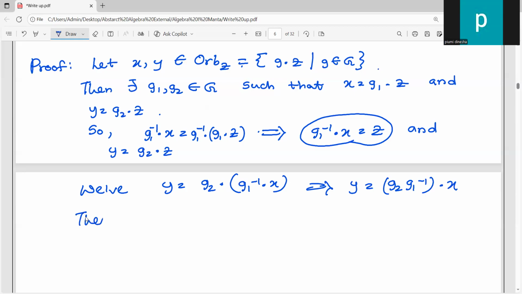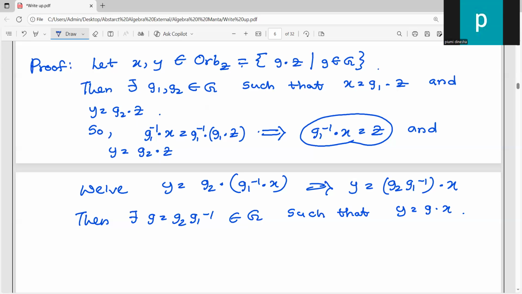So then what do we have over here? G2 times G1 inverse is an element in G, because G1, G2 are both elements in the group G. G2 G1 inverse is also an element in G. We have gotten exactly what we wanted. So if I simply replace G2 G1 inverse by G, we can say there exists G in G such that y is equal to G dot x.